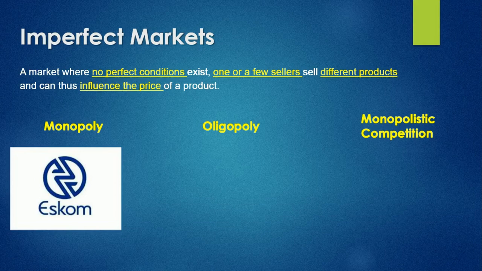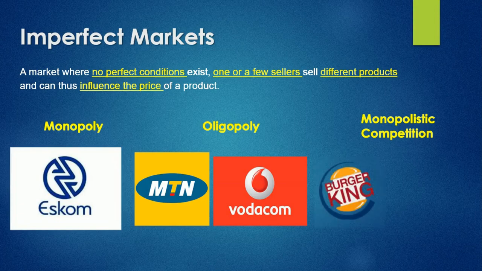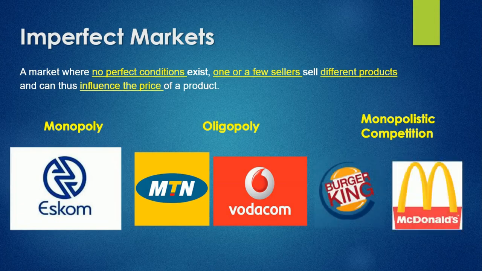If we look at South Africa, we can use telecommunications, and MTN and Vodacom as examples, as they are leading cellular networks in our country. And then monopolistic competition. This is where you have combined features of a monopoly as well as a perfect market. Some examples are Burger King and McDonald's, as they sell very similar products at different prices.